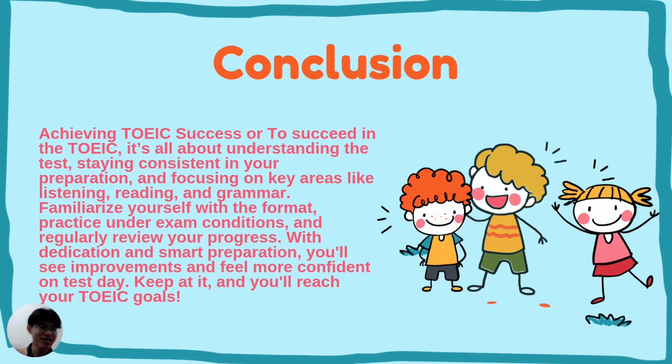Familiarize yourself with the format, practice under exam conditions, and regularly review your progress. With dedication and smart preparation, you will see improvements and feel more confident on test day. Keep at it. You will reach your TOEIC goals. That's why I did it.